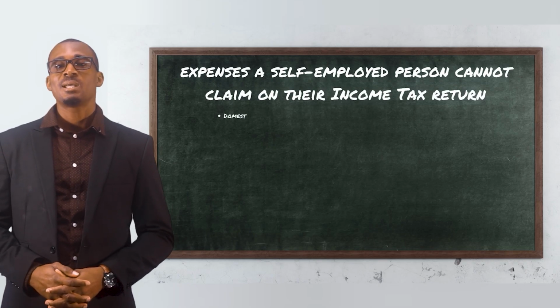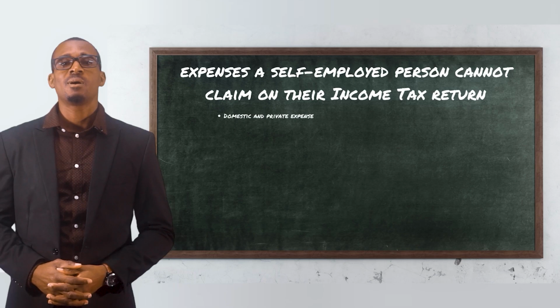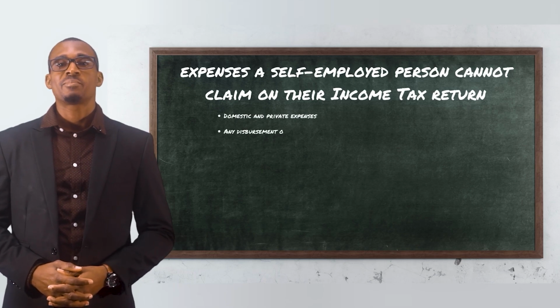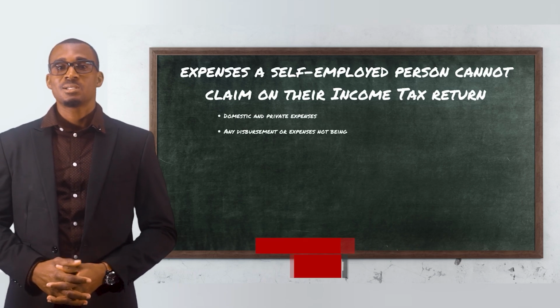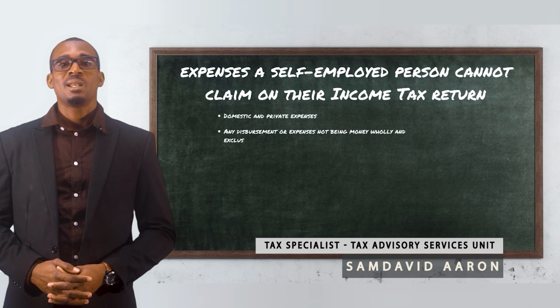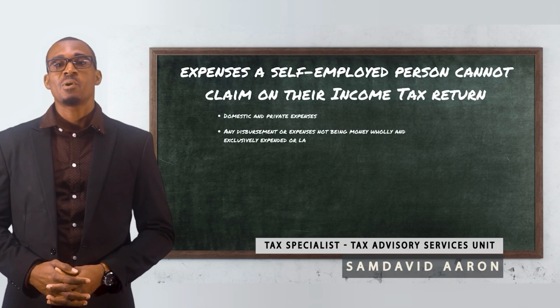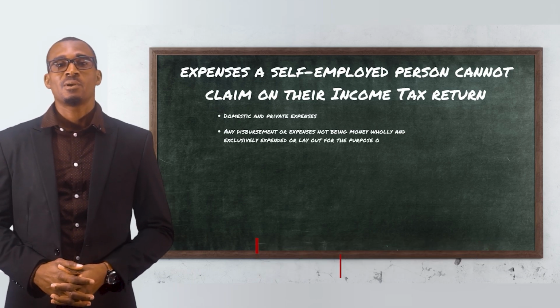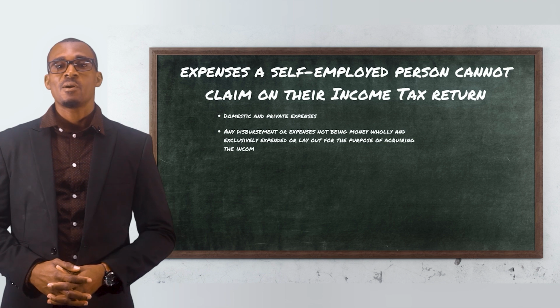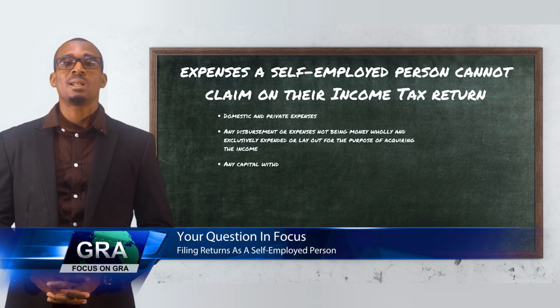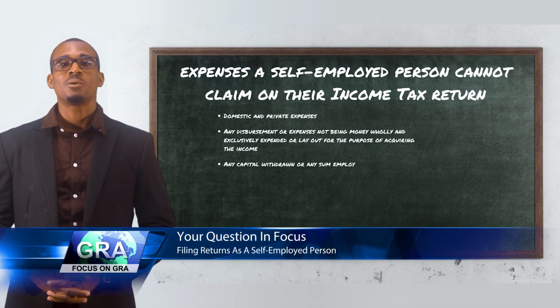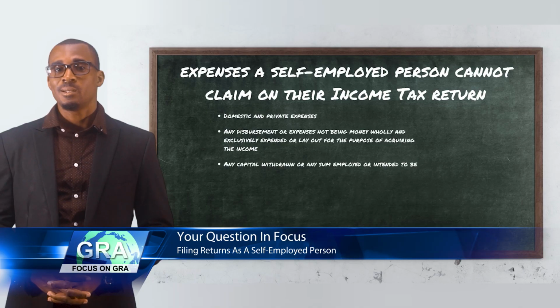their financial statements. Examples of such deductions are domestic and private expenses, such as school fees for children, electricity charges for residential purposes, groceries for the home, any disbursement or expenses not being money wholly and exclusively expended or laid out for the purpose of acquiring the income.